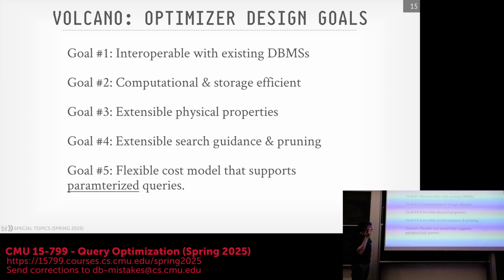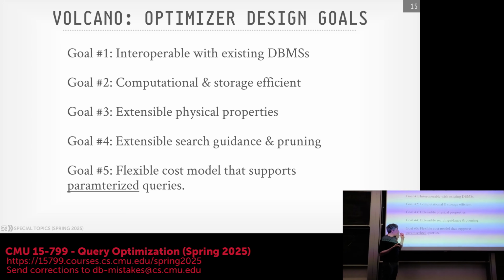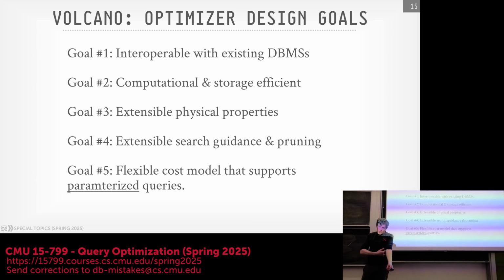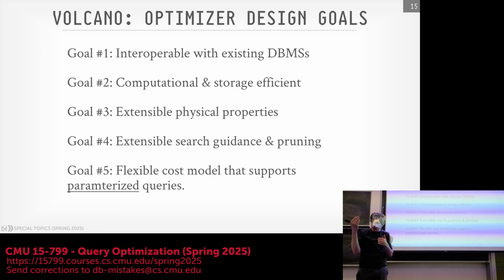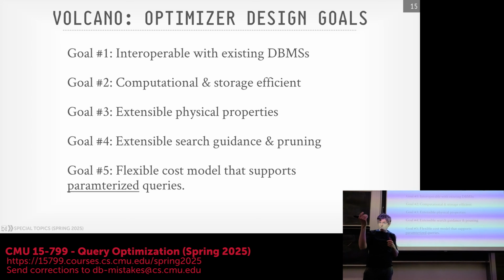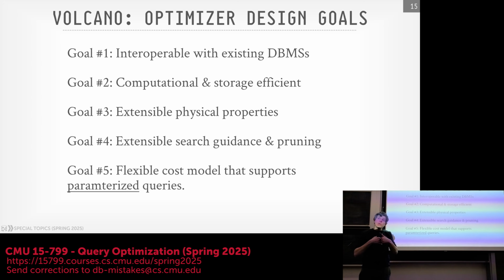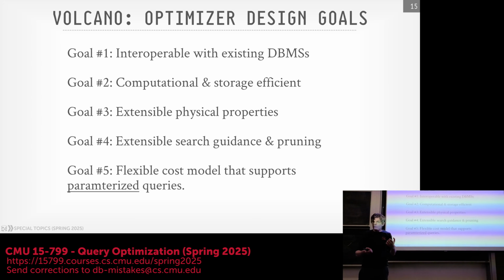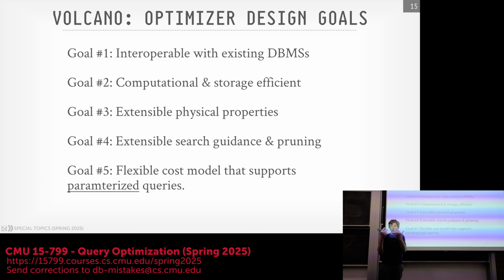And then we're not going to talk about this too much right now because we'll cover it later in the semester. But they want to have the cost model be able to support what are called parameterized queries, which are query plans where you may not actually have all the constants for the values being used in predicates or WHERE clauses. Select star from table where ID equals 1, 2, 3. Well, if you declare that as a prepared statement, you would say select star from table where ID equals question mark or $1.